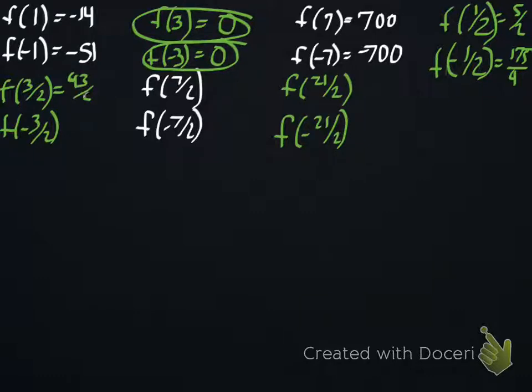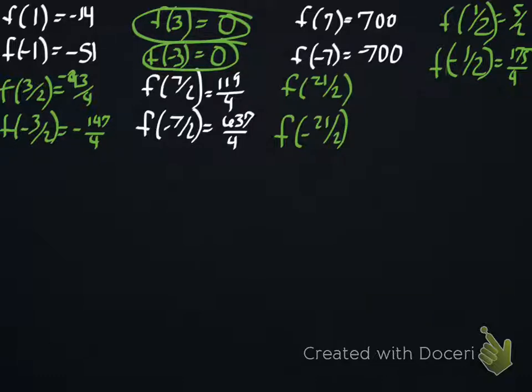Negative 3/2: negative 147 over 4. For 7/2: 119 over 4. And did anybody go back and do that 21 halves? Okay, we're not going to worry about it.